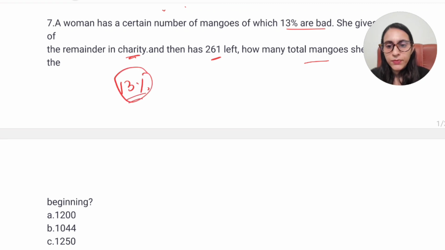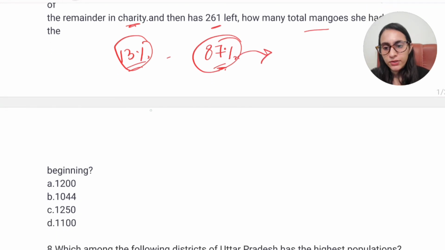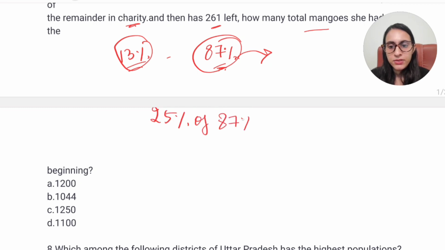This means that she has 87% of the mangoes that are left. Then she gives 75% in the charity of the remainder 87%. So to find out how much she has left after the charity, we need to calculate 25% of 87%, because 100 minus 75 is 25.